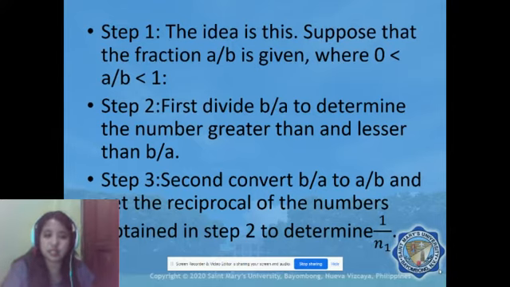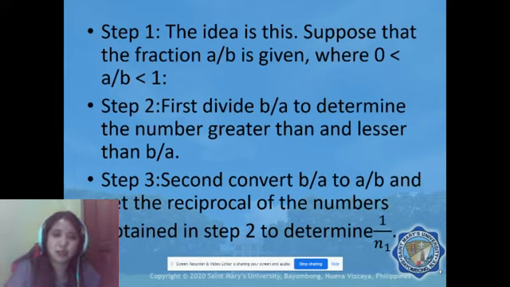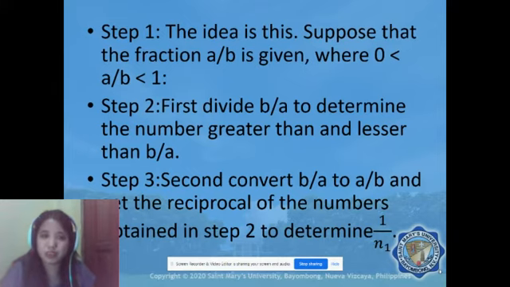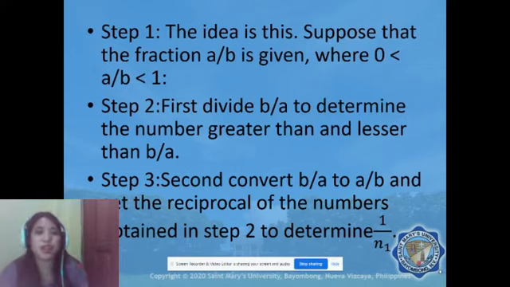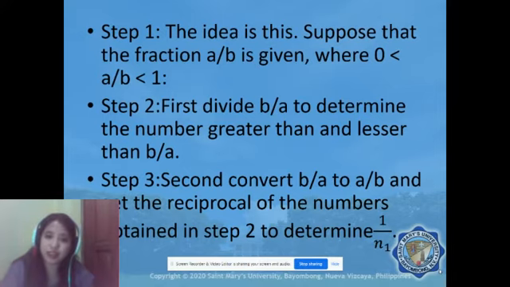So how do we come up with that? I have listed here three steps. The idea is this. Suppose that the fraction a over b is given, where a over b is greater than 0 but less than 1. What you need to do is to get the reciprocal of a over b, that is b over a, and divide it to come up with a number that is greater than b over a and lesser than b over a.